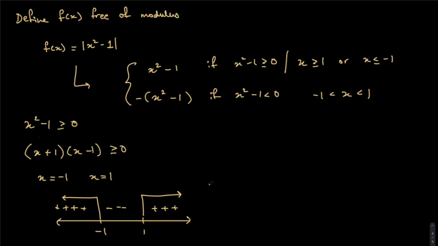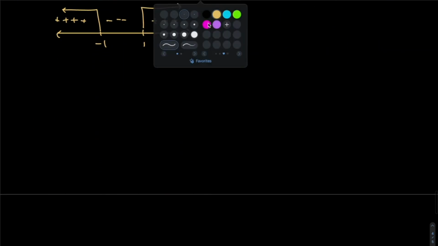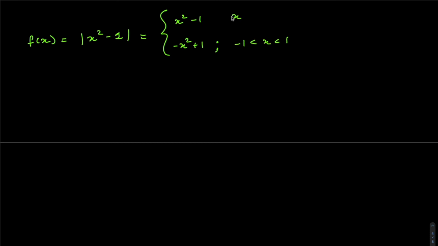If I want to rewrite this neatly, I'll do it again. f of x is equal to modulus of x squared minus 1, which is x squared minus 1 and minus x squared plus 1. Let me draw the semicolon a little better. So like this, between -1 and 1, or x is less than or equal to -1.